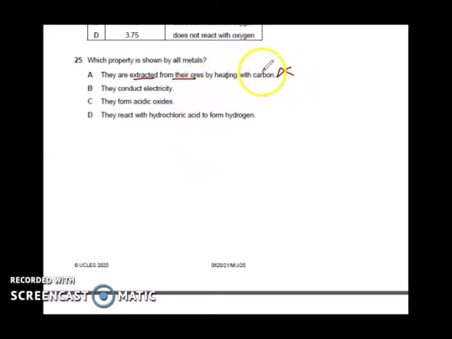Only those below the carbon in the electrochemical series can be extracted. So they form acidic oxide, not really, this is wrong. They react with hydrochloric acid to form hydrogen. Unreactive metals, they don't react with acids to form hydrogen. So yes, all of them conduct electricity. Yes, so your 25 answer is B.